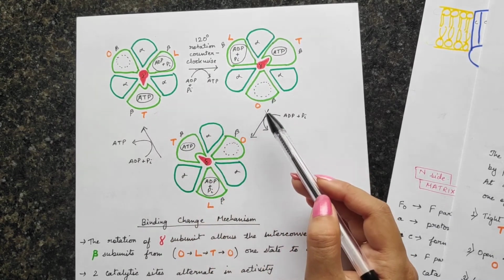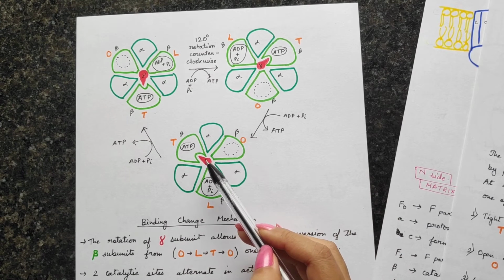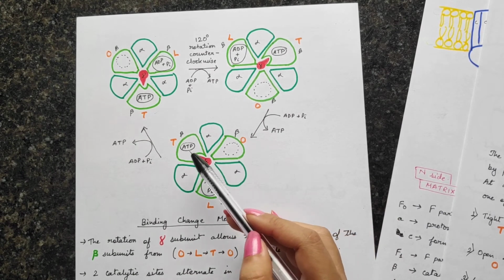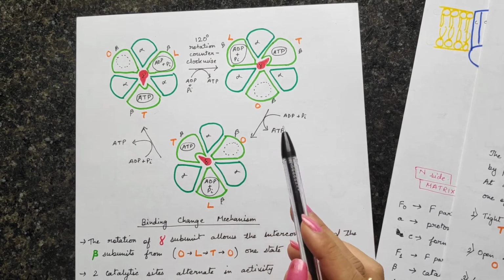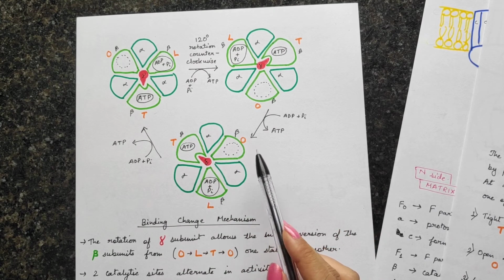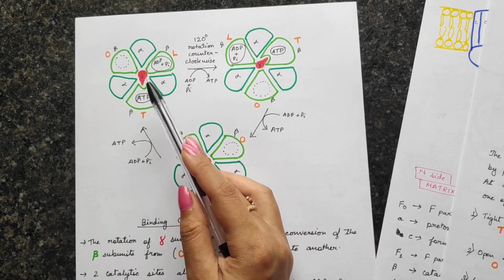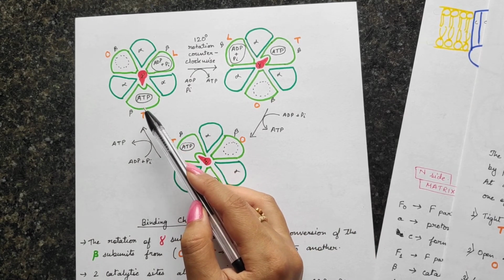So this is how, as the gamma subunit rotates, the conformation of the beta subunit changes. When it is facing towards this, it will become the T state.